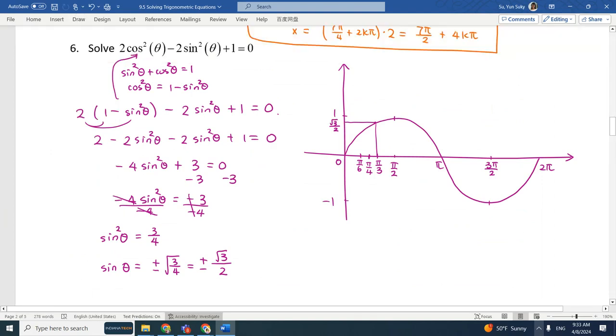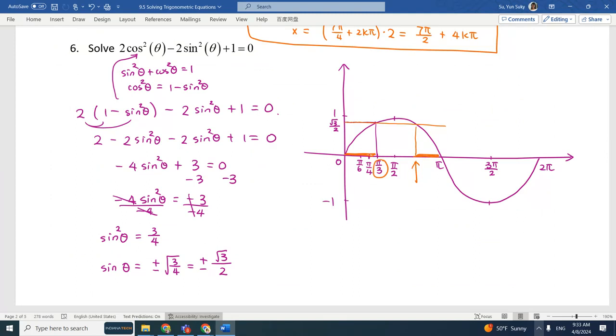Because our y, we're looking for when the y value is √3/2. Do you see the reference angle? Yeah, exactly. The reference angle is pi over 3.